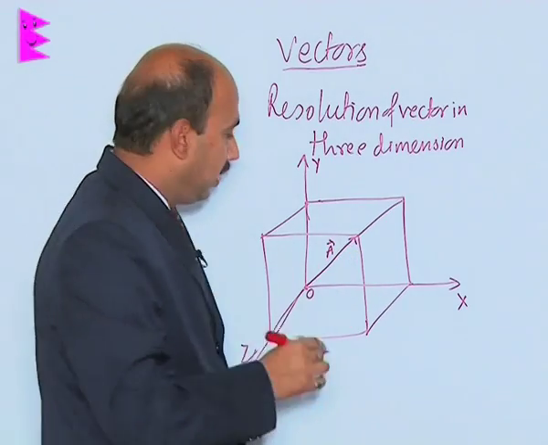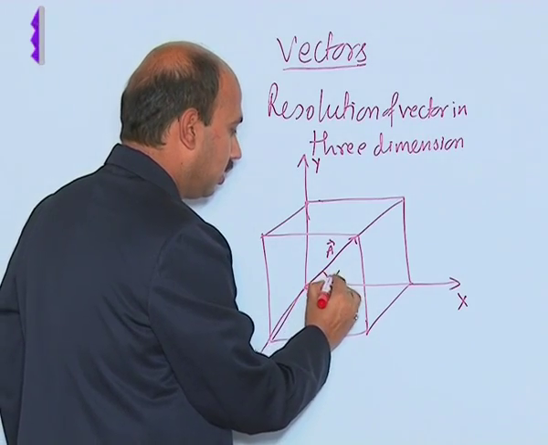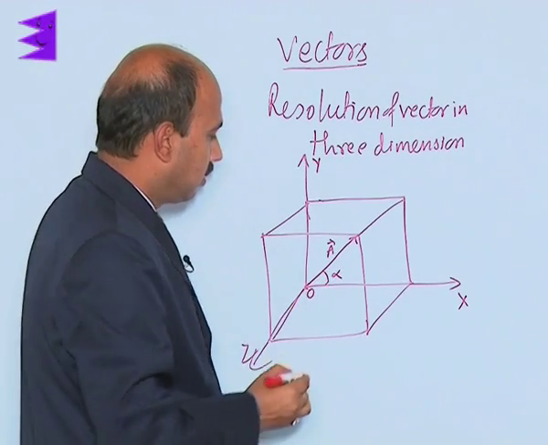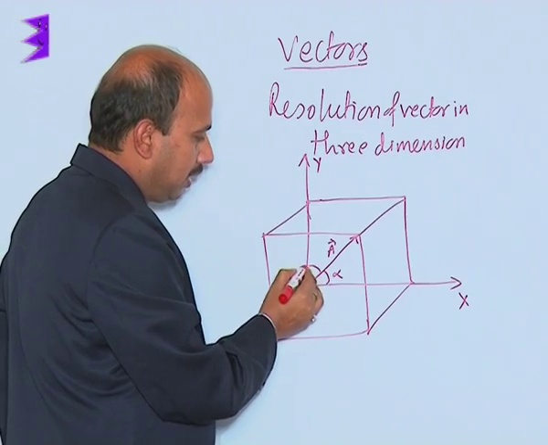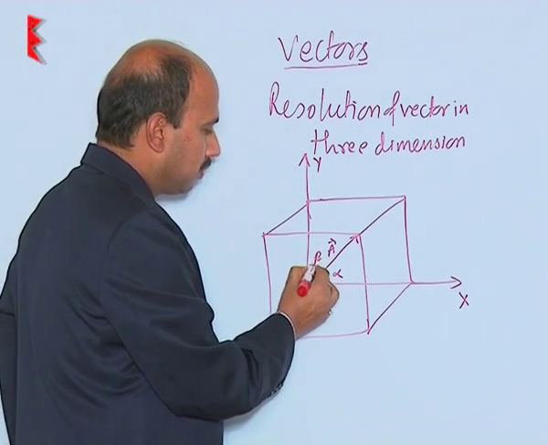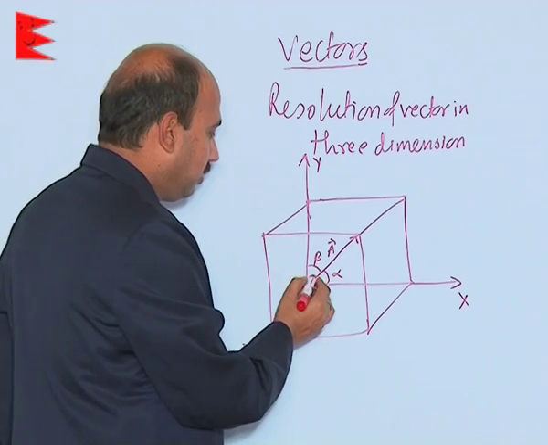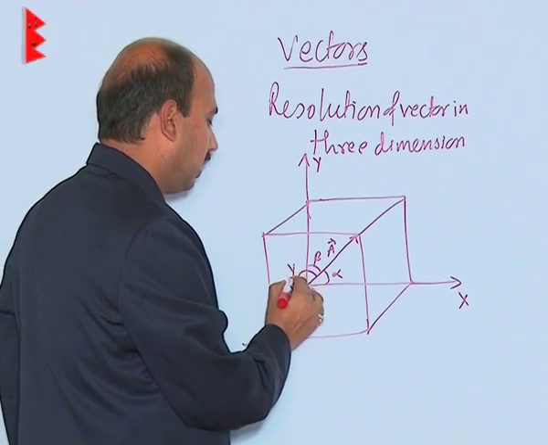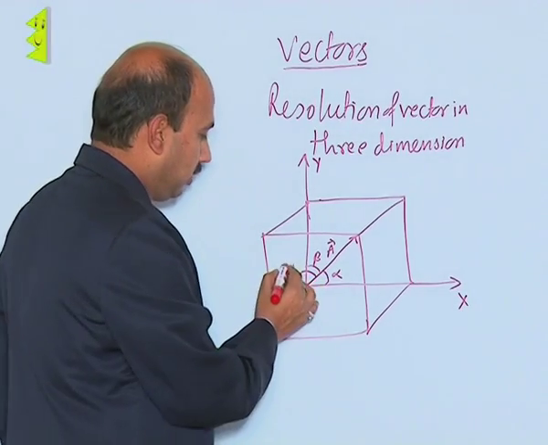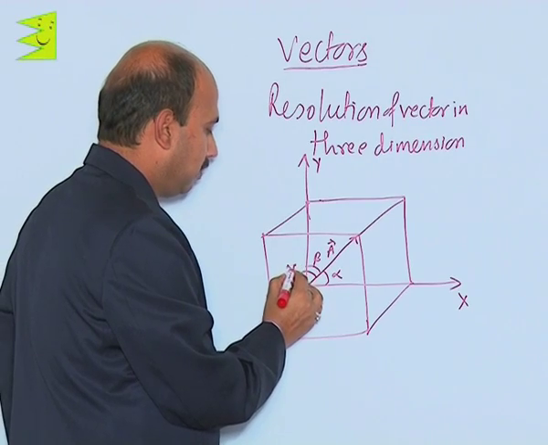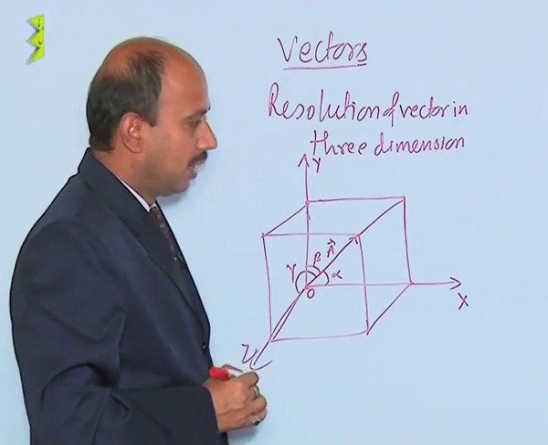This vector A is making an angle alpha with the x axis. This is making an angle beta with the y axis, and this is making an angle gamma with the z axis. So, this symbol is of gamma, that is with the z axis.